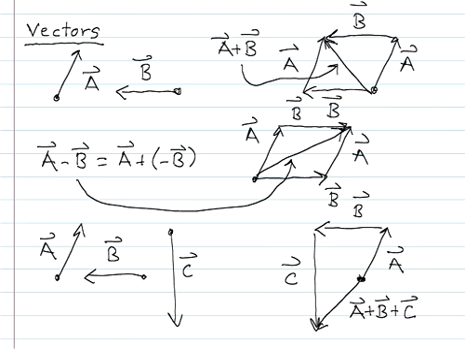Drawing them like this is good conceptually, but not as accurate as using trigonometry and algebra. So, in summary, make sure that you add the vectors graphically or subtract them graphically whenever you have a problem. Don't skip over that step, because it'll be very easy to get lost otherwise.